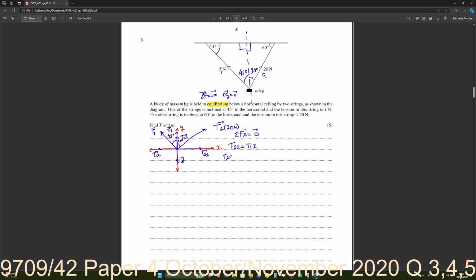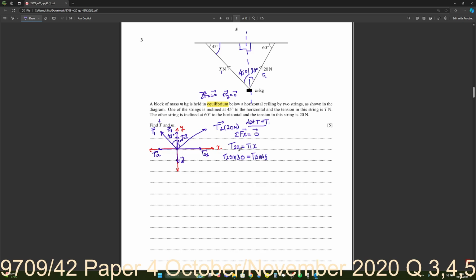T2x is equal to T2 sine 30. Why am I using sine for the x component? Because the angle is with the vertical. T1x is going to be T1 sine 45. Remember, we're asked to find T, and I should have written on the side, let T equal T1, just so the person correcting your paper knows what you mean by T1.